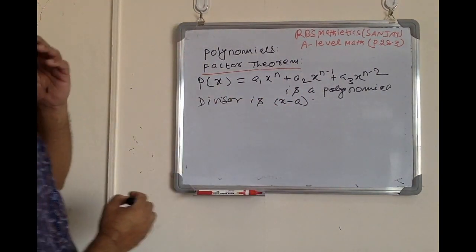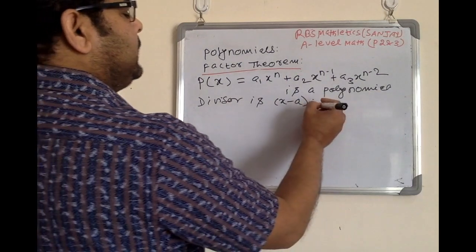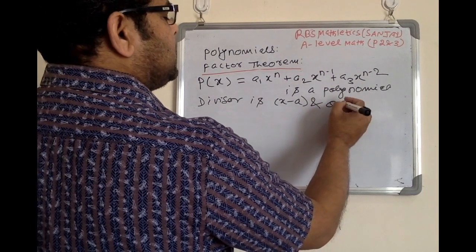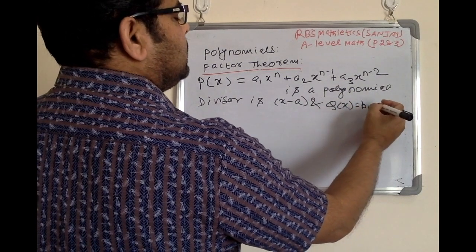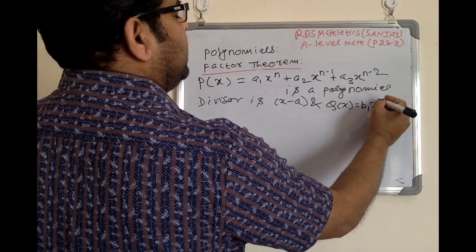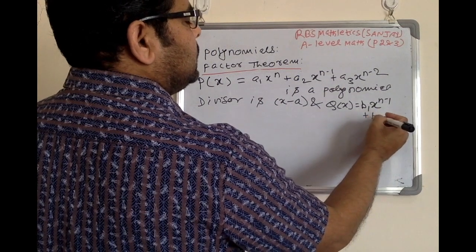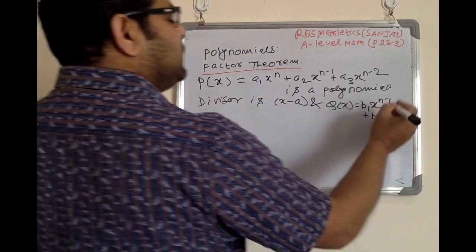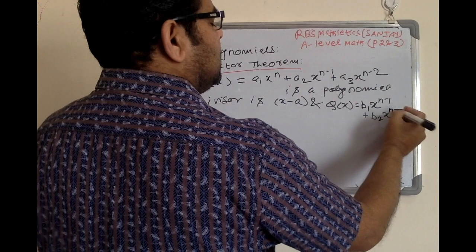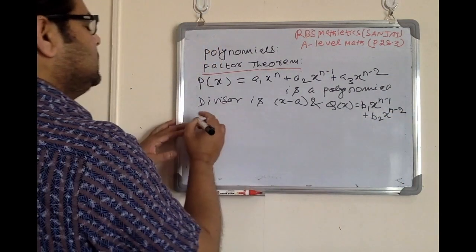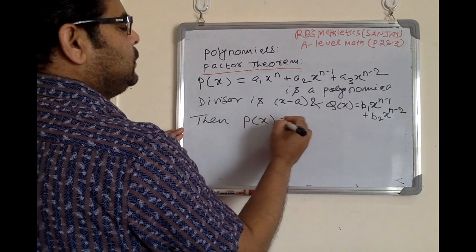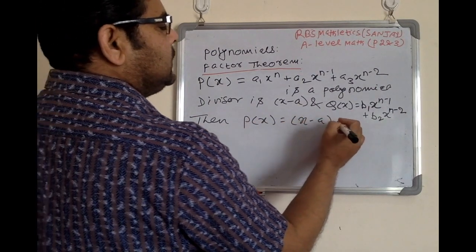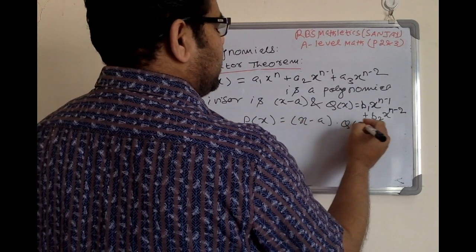Okay. Then the quotient in this case is, for example, any number b1 x^(n-1) plus b2 x^(n-2), and like this. Then you can express P(x) equals x minus a times Q(x).